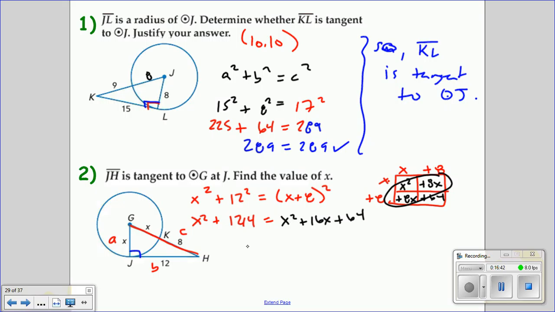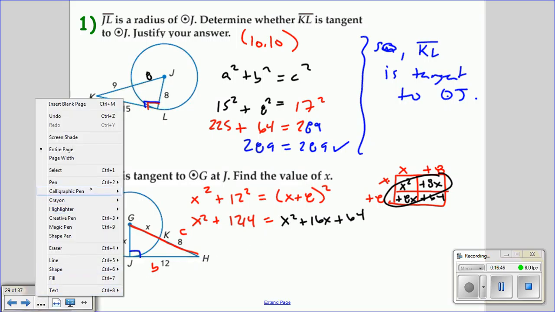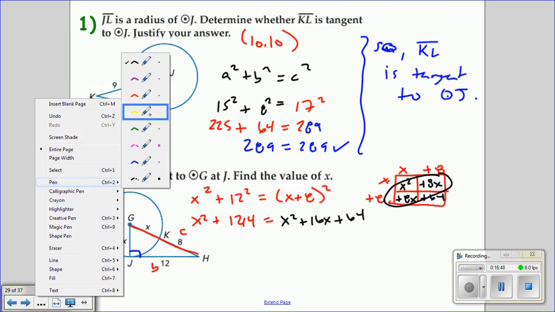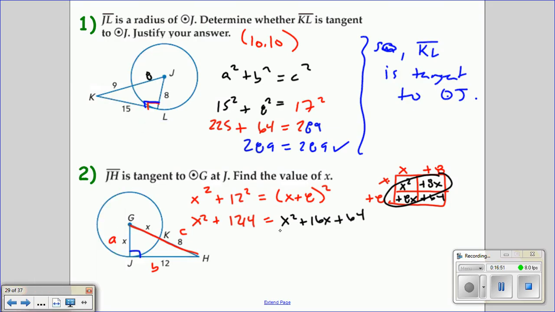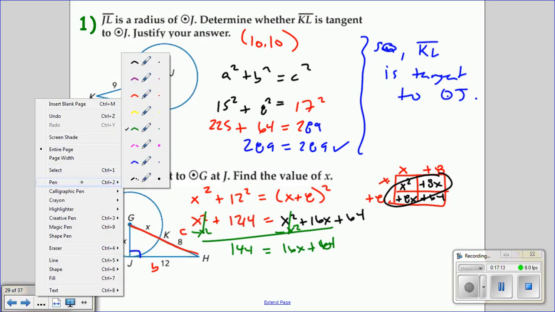Alright, so then you want to get all your like terms to one side. In the process of doing so, if you were to subtract x squared, they would cancel each other out on both sides, which would leave you with 144 equals 16x plus 64. So now you have to subtract 64 on both sides.